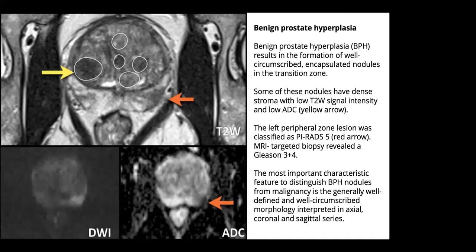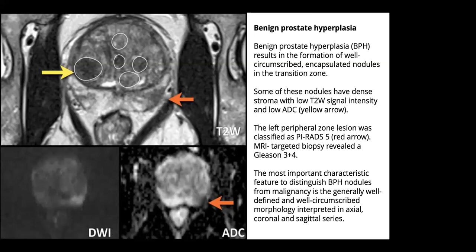These changes are seen in the transitional zone, and they also show enhancement similar to what we see for lesions in the peripheral zone. That is the reason contrast enhanced MR images are not primarily used for evaluation of the transition zone.